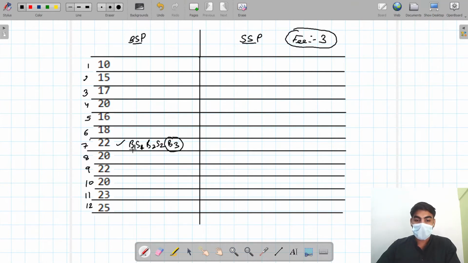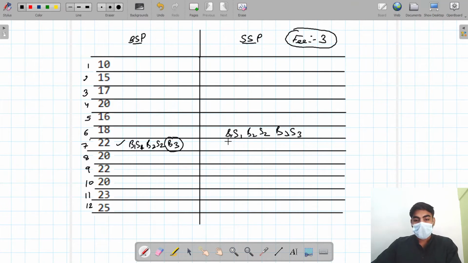We complete our two transactions, and we have our third stock, which is our extra stock. So in the buying state profit, how do we get maximum profit if we have one extra stock. In the selling state profit, it is buy one, sell one, buy two, sell two, buy three, sell three.